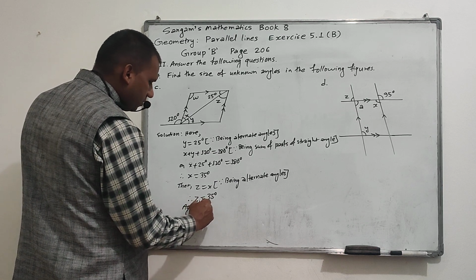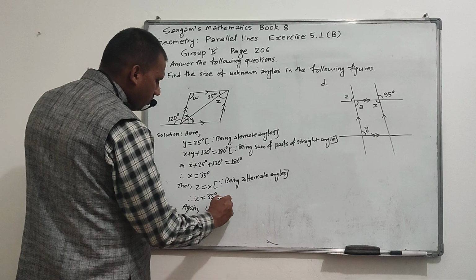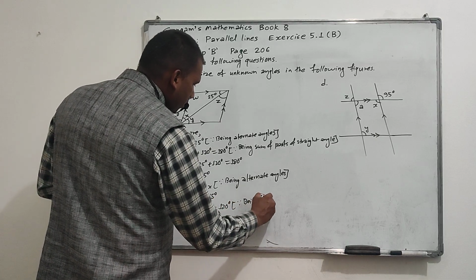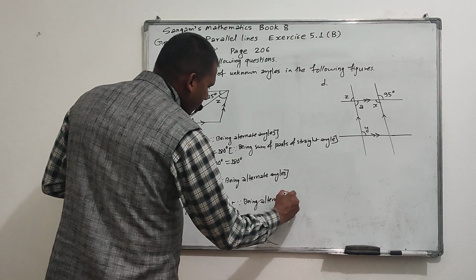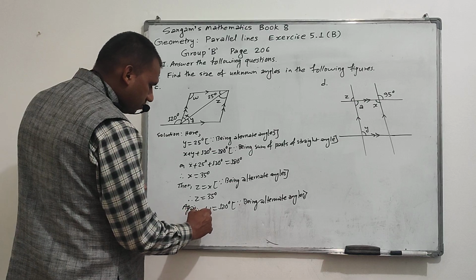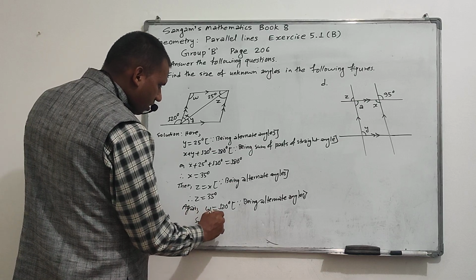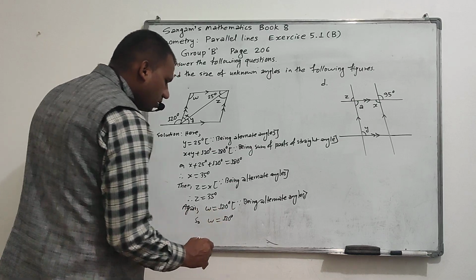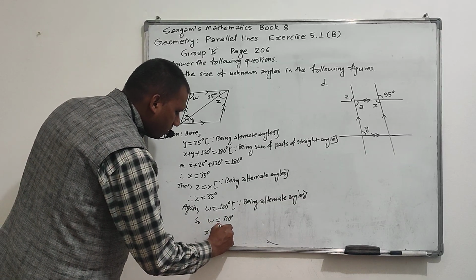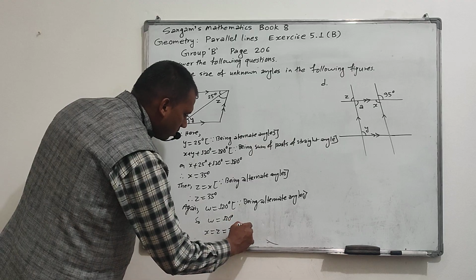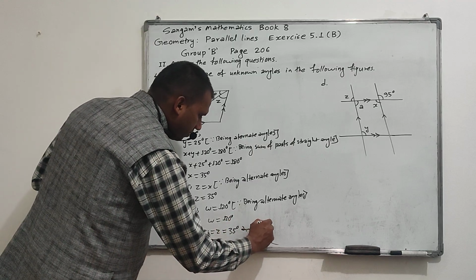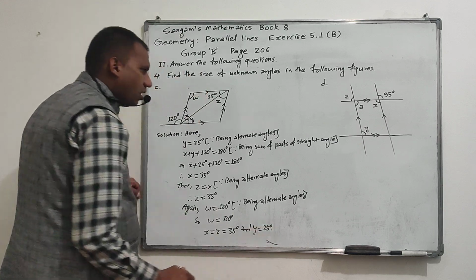Again w equal to 120 degree being alternate angles, so w equal to 120 degree, x equal to z equal to 25 degree and y equal to 25 degree. This is the answer.